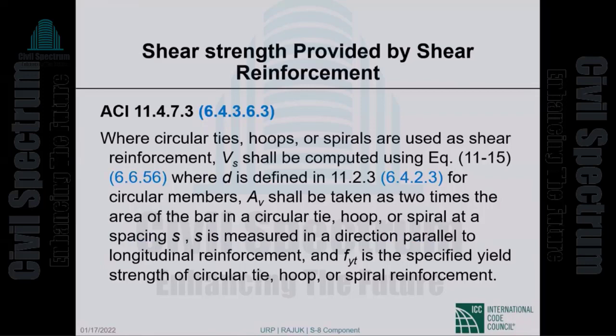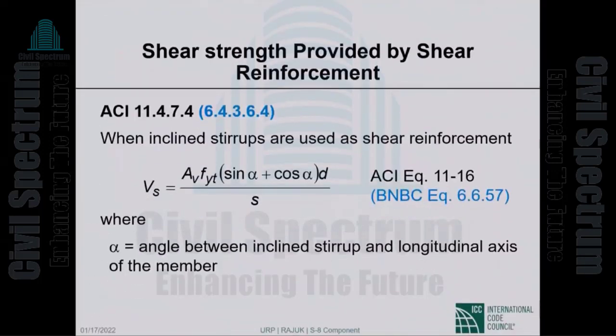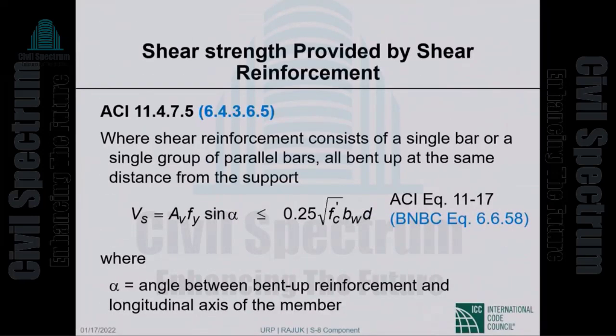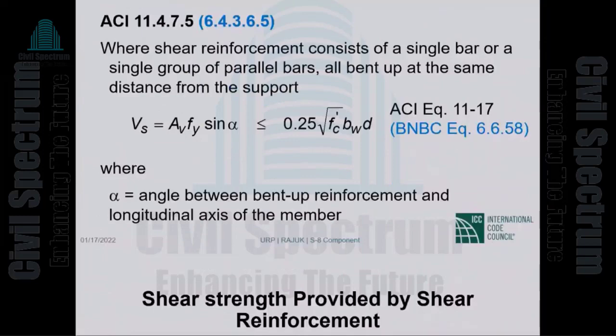A sub V shall be taken as 2 times the area of the bar in a circular tie, hoop, or spiral at a spacing S. S is measured, etc. S and F sub YT, I think, are clearly understood. Then there are expressions for V sub S for inclined bars and things, which I will skip. I don't know that those are of high interest.